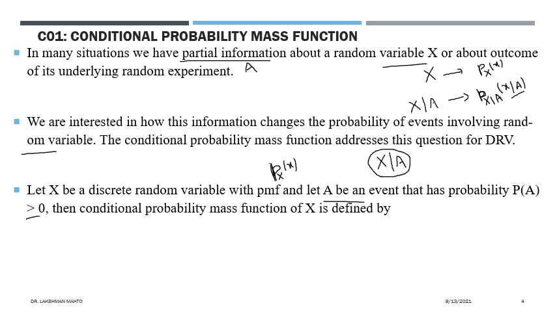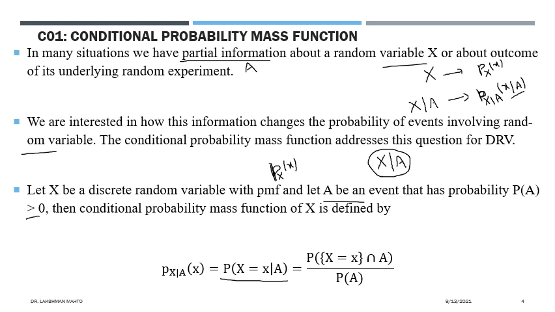Then the conditional probability mass function of X can be defined this way: the probability mass function of X given A is defined as the probability that X is observing the value x given A. More importantly, as I already said, if a random variable is observing a value x, we can always term it an event. Why? Because it maps back to a pre-image in the sample space, a collection of outcomes.